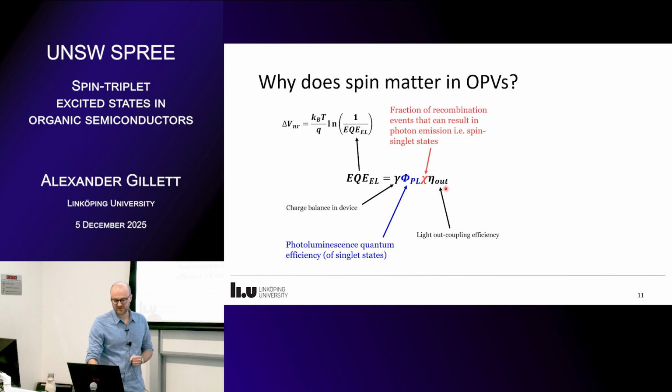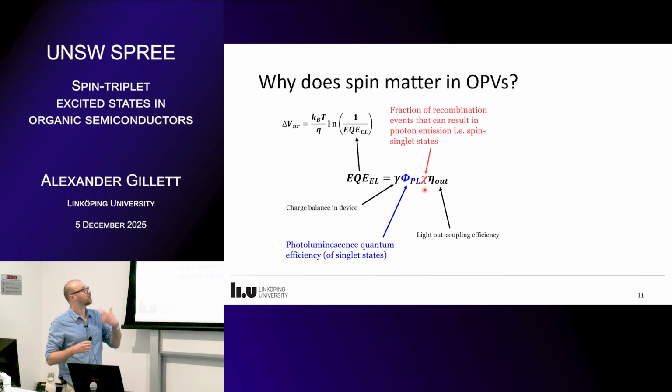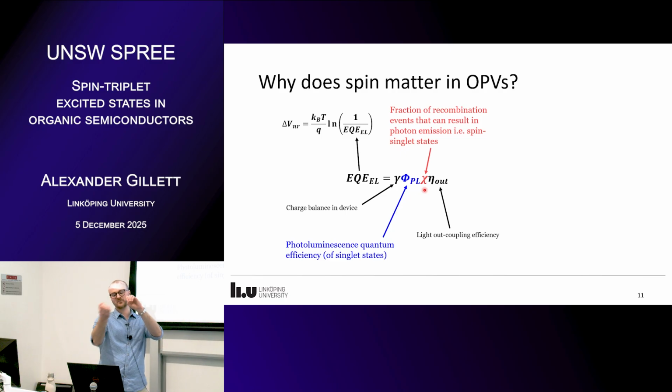The two main factors I think we have potentially more control over, or should care about more because they're bigger at this stage, are the intrinsic photoluminescence yield of the singlet states in your device, which provides an upper limit to how efficient your OLED can be, and this chi factor, which is the fraction of electron-hole recombination events that can result in photon emission. So if electrons and holes come together, what's the chance they form a spin singlet state, which can then decay radiatively and give you some light out?